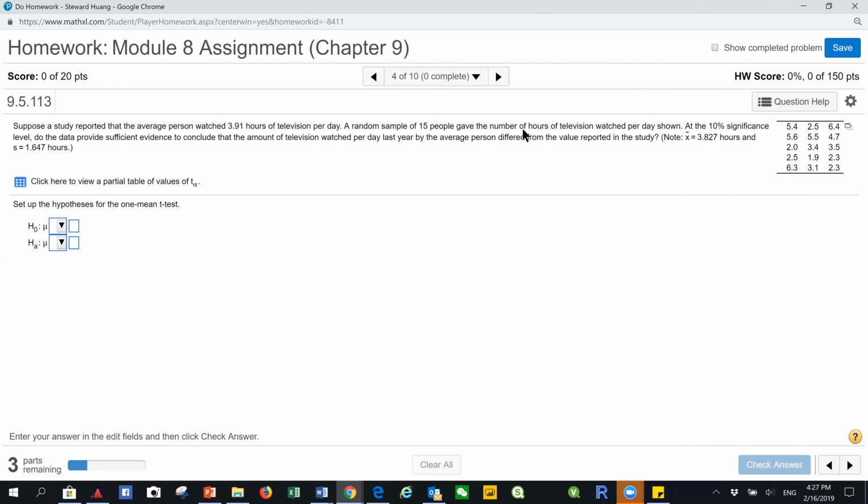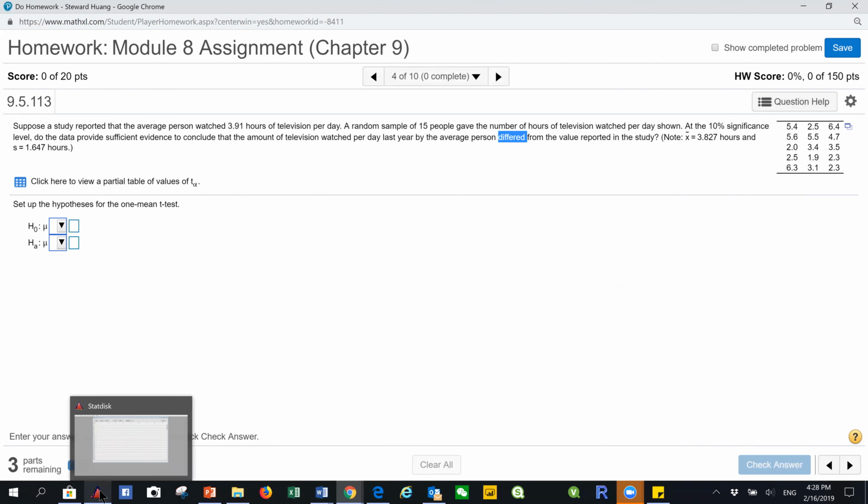And you will see alpha, you will see the claimed mean, and you will see whether it's one tail or two tail. Here's a hint: it says differs. Differs means equal, not equal. So with all these, you know how to do it, either manually or using Statdisk.